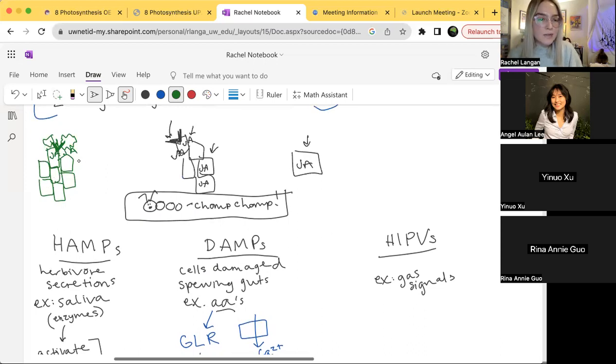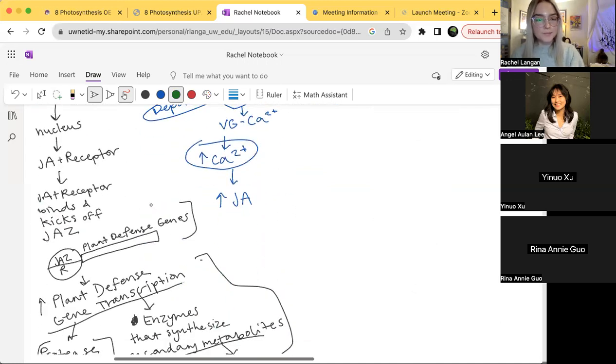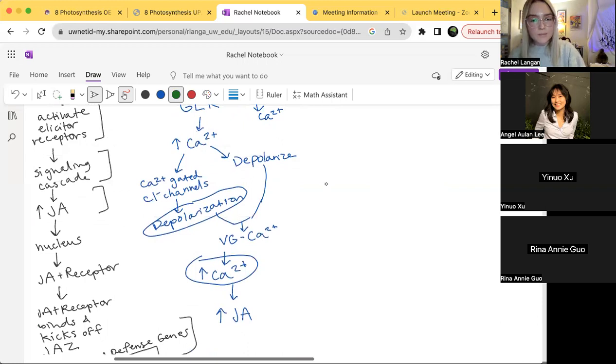So first, let's think about how we spread the signal to cells nearby. And the answer to that is going to be through electrical coupling. So cells nearby can also increase their JA signaling through electrical coupling.